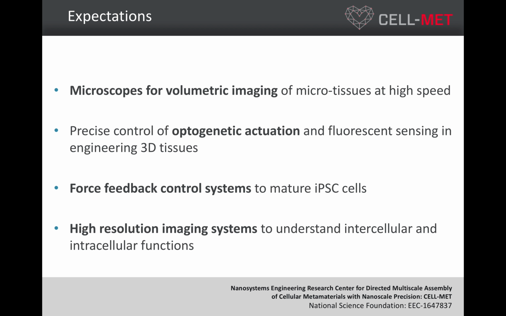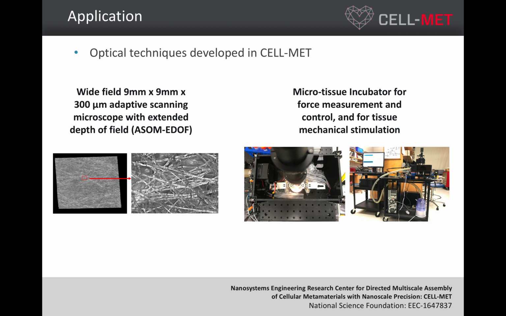Finally, let me share with you some of our progress in CellMat on the optical side. Like I mentioned before, we have just developed this ASUM EDOF microscope, which allows us to have a wide field of view of 9mm by 9mm, and also an extended depth of field of 300 microns.